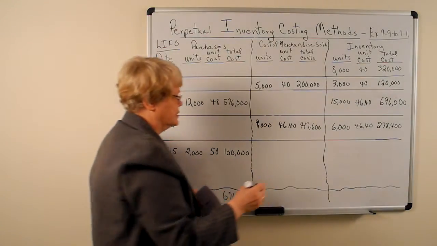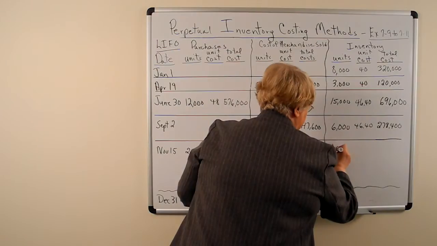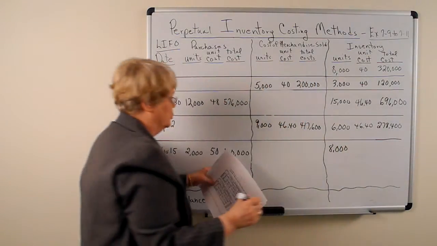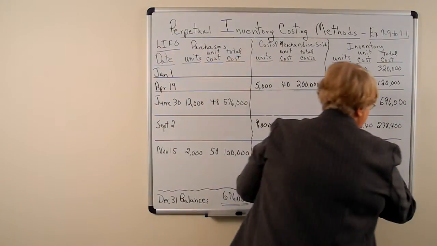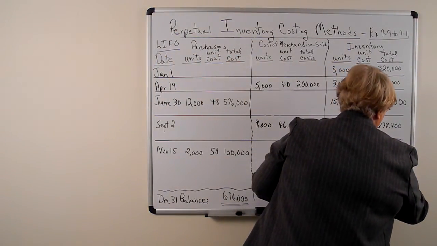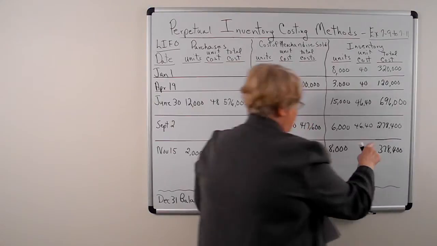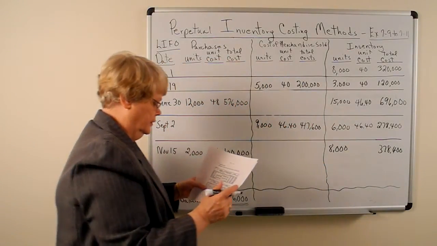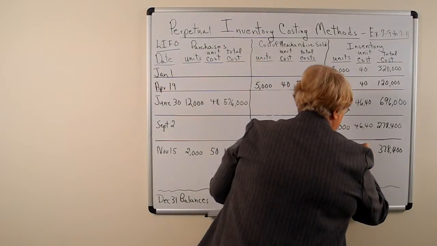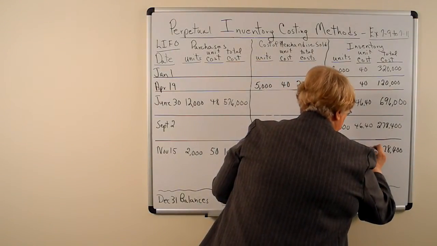Okay? Now we have a purchase on November the 15th of 2,000 at 50, so we're going to add the 2,000 units to the 6,000, so that makes 8,000. We're going to add the 100,000 to the 278,400, that makes 378,400. We're going to divide 8,000 into 378,400 to get an average of 47.30.